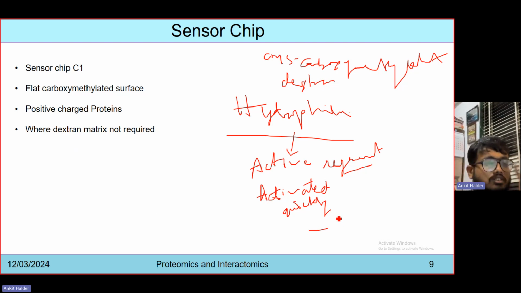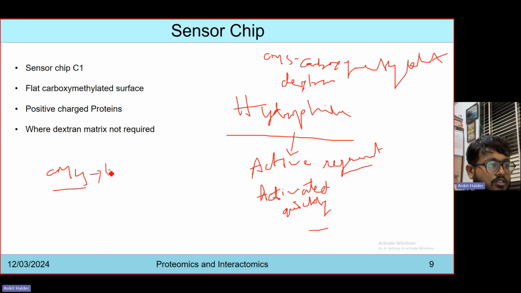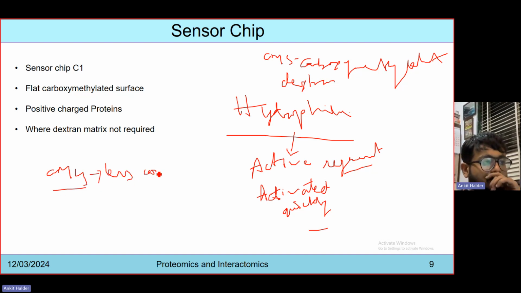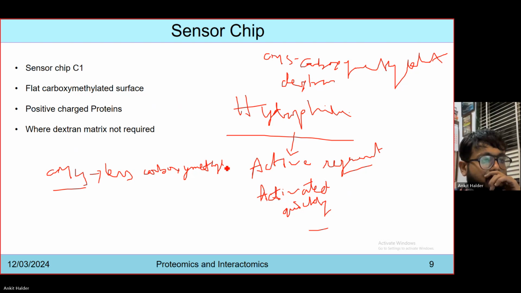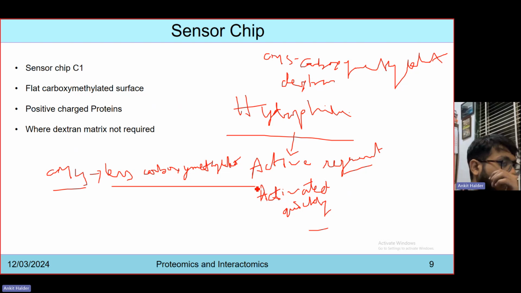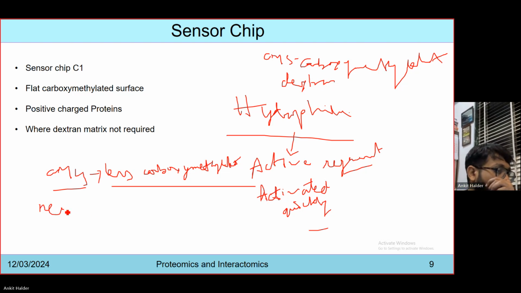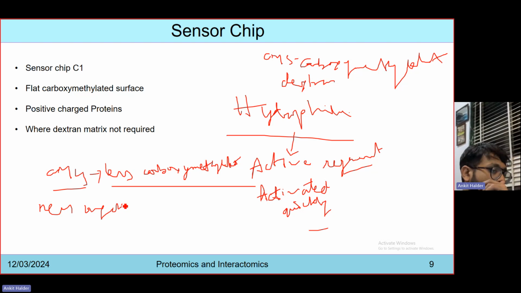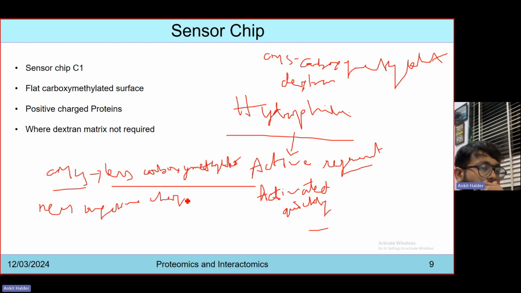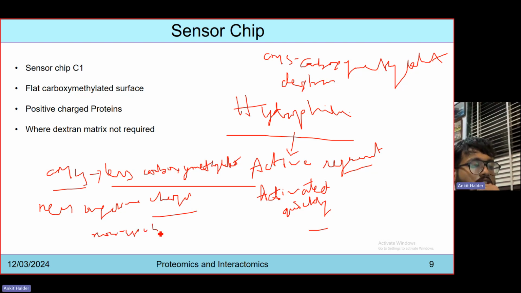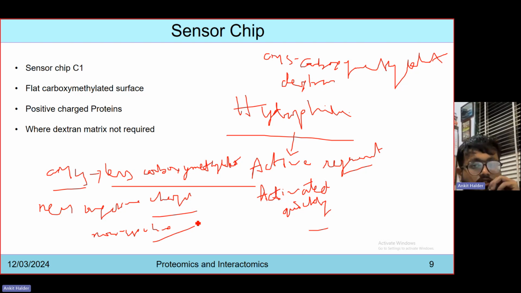The next, which we talked about, is CM4, which is less carboxymethylated and less negatively charged, and can be used for reducing non-specific binding because of highly positively charged molecules that generally come from the surfaces of cells.